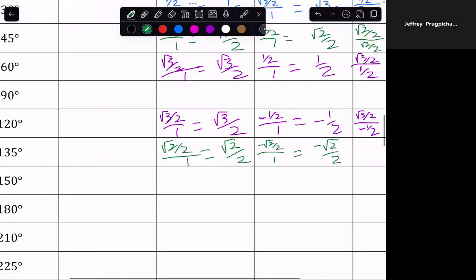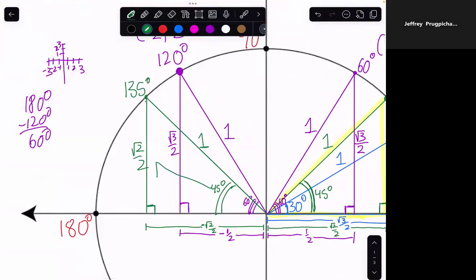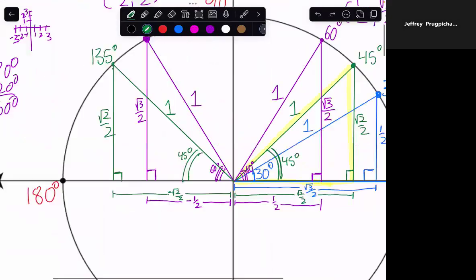And then tangent is opposite over adjacent, so positive radical 2 over 2 divided by negative radical 2 over 2.